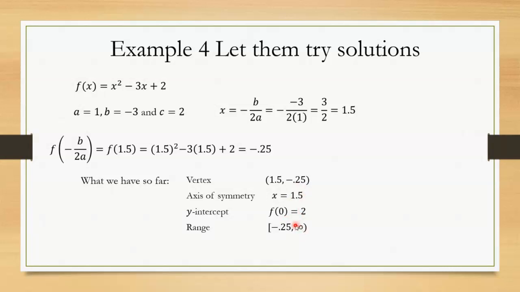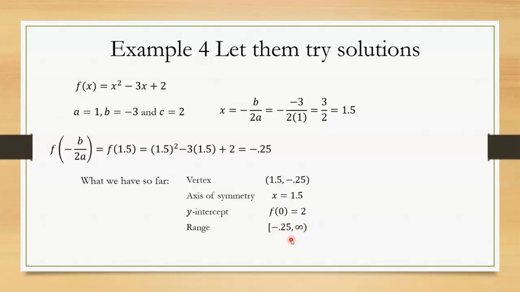And we include the y coordinate, that is, we put a square bracket next to it. And infinity, we never put a square bracket next to it, so we have an open parenthesis. And again, this is since a is positive. On an exam, I'll tell you what to find. In the past, I haven't told people to find the axis of symmetry, for instance, but I'll tell you what to find now. So we have all this information.